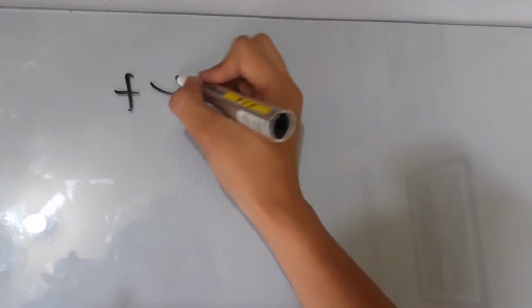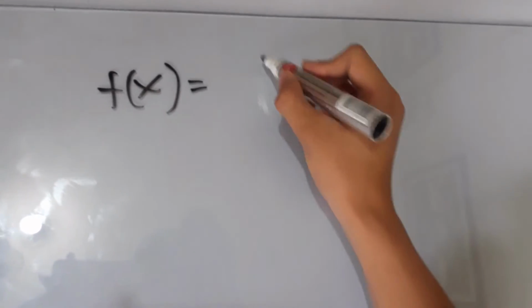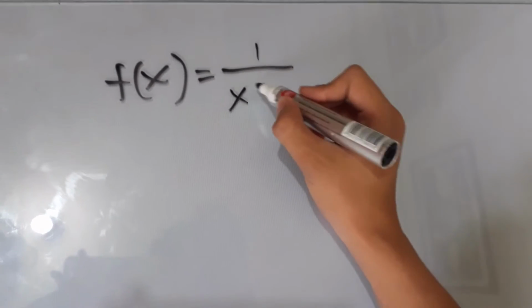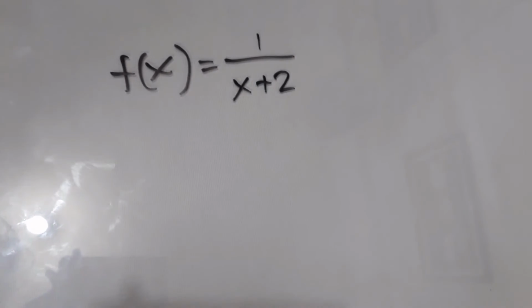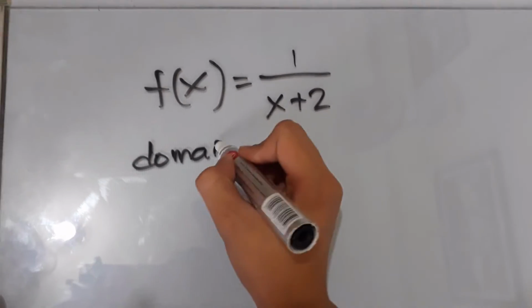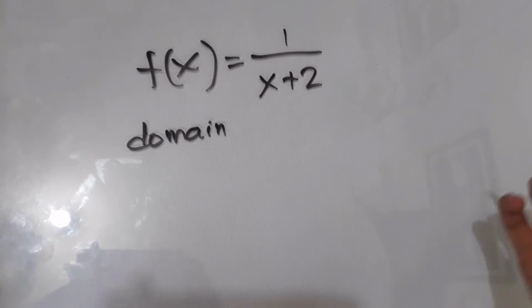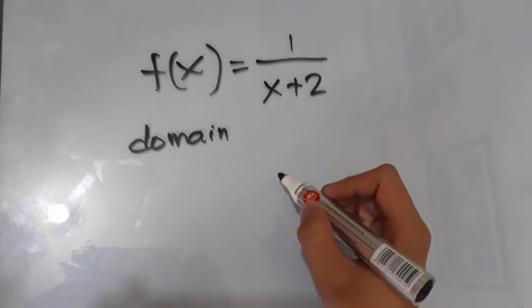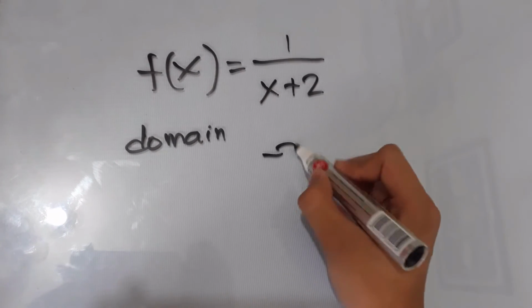So we will now be graphing the rational function. Let's take our equation, f of x is equal to 1 over x plus 2, whose domain can be any real numbers except for negative 2.